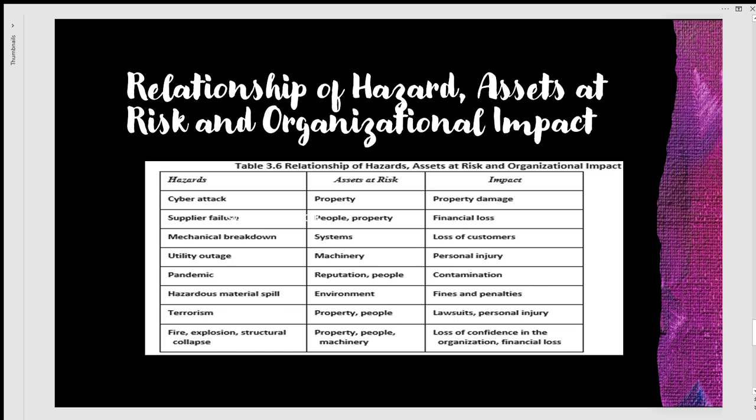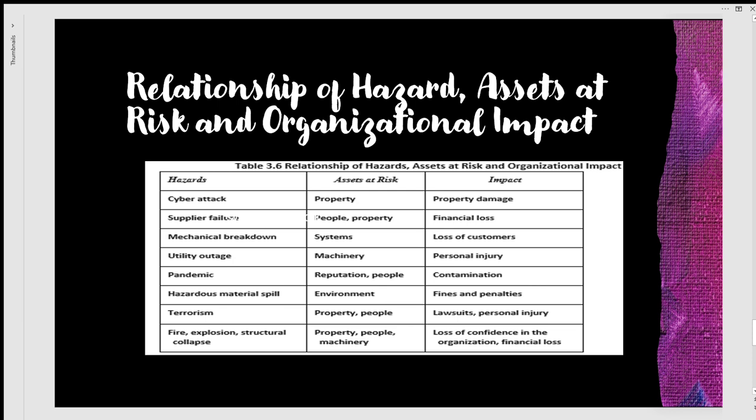So, pandemic, no, we are familiar with that. Ano yung assets at risk, reputation, and the people. Ano yung magiging impact sa atin? Yung contamination.